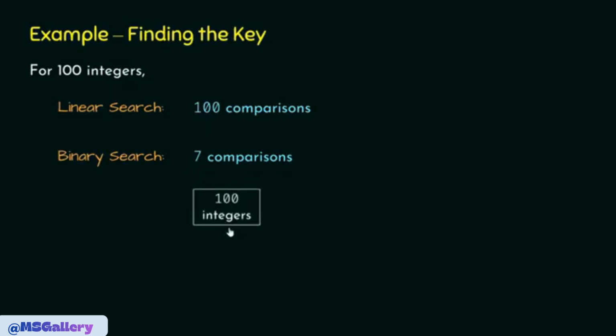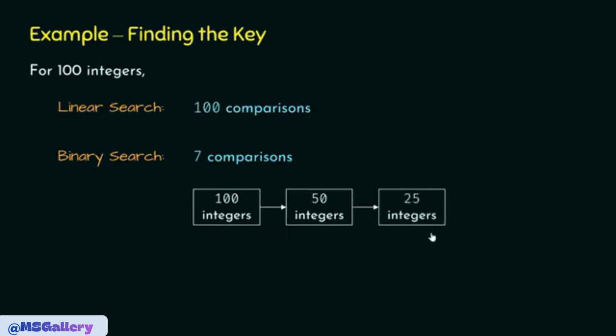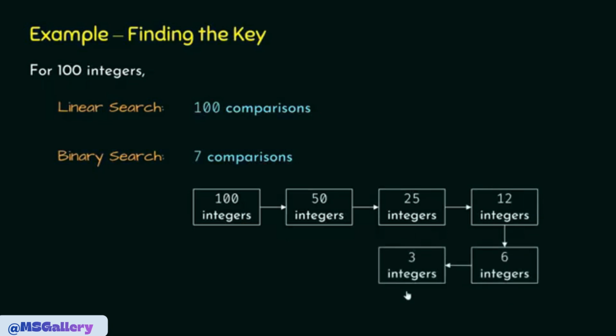We start with 100 integers. Then we are left with 50 integers because we are dividing the list by half. Then we are left with 25 integers, then 12 integers, then 6 integers, then 3 integers, and finally just 1 integer.